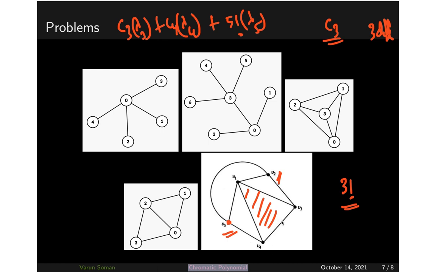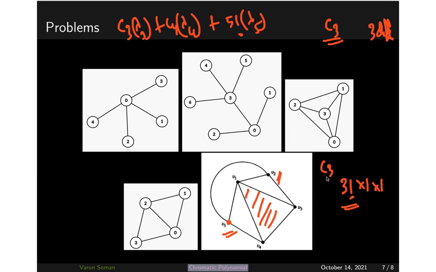So no options are available for V2 and V5, because once you have fixed a color for this triangle, the other two vertices should follow that color pattern itself. Okay, so only 3 factorial into one option for V5 and one option for V2. So C3 is actually 3 factorial.